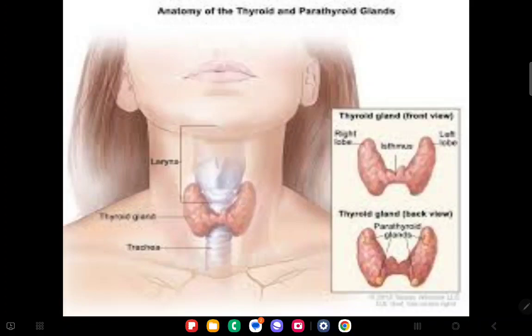If you see the diagram, you will find the 2 lobes of the thyroid, one on the left, one on the right, and they are attached together in the midline by the isthmus, and they are somehow related to the parathyroid. The inferior one is a little bit down and the superior one is with the dome of the thyroid gland.